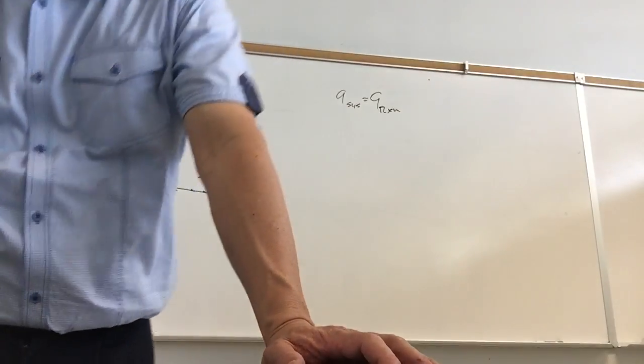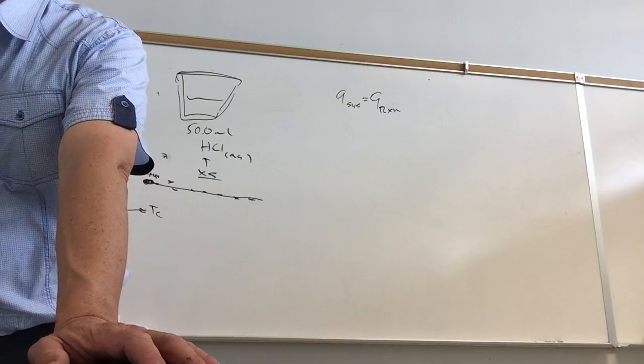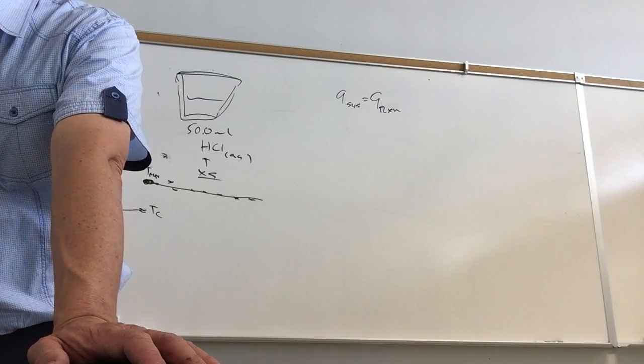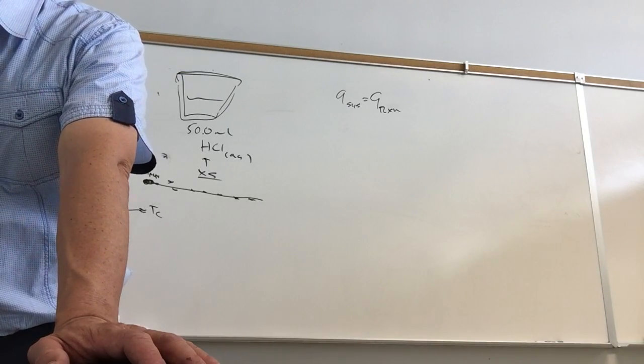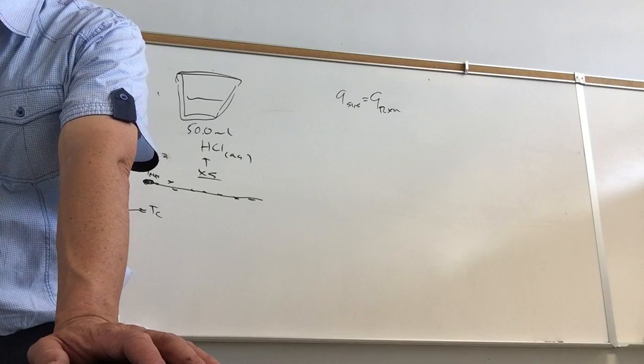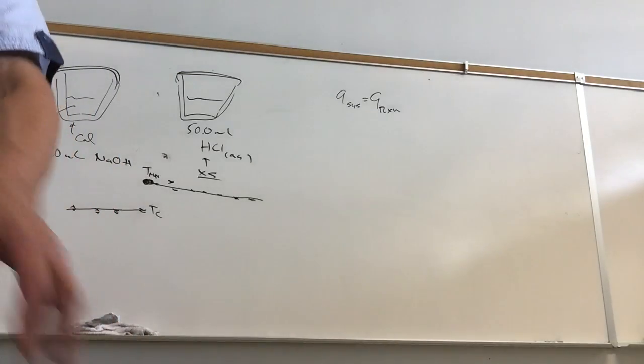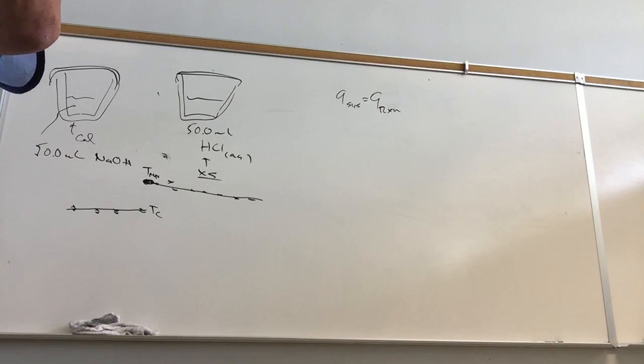Okay, Q of the reaction is equal to what? Well, let me ask you this. Is this a constant pressure or constant volume system? It's constant pressure. We're not doing it in a bomb. If we did this in a bomb, would we have generated excess pressure, or would we have consumed pressure and made a vacuum?